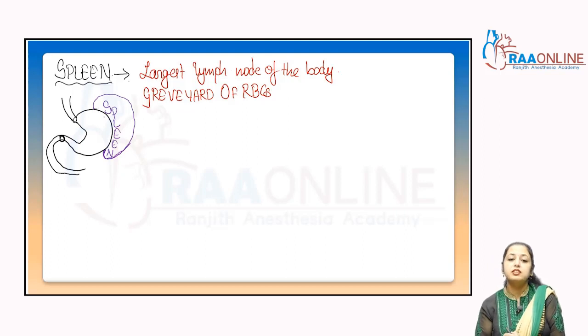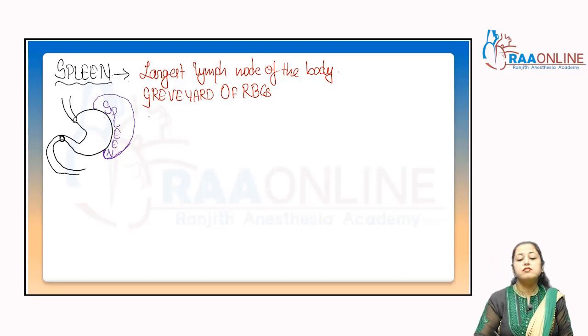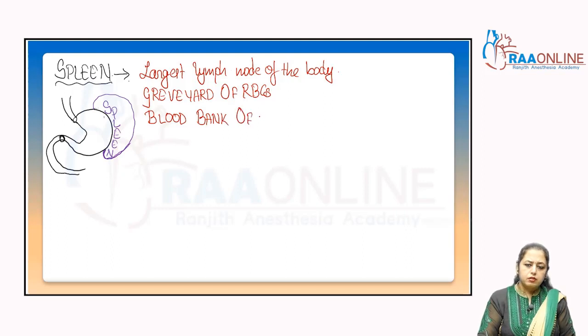Reddish, why? Because it is also known as the reservoir of RBCs, or we can say the blood bank of the body, right? Clear?